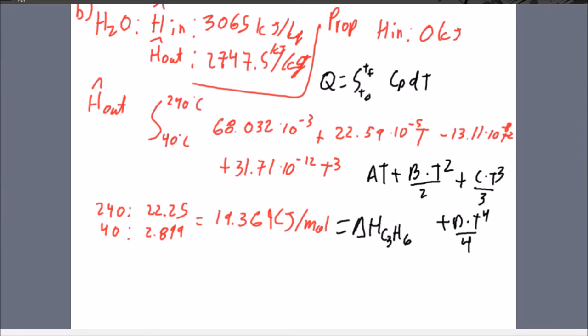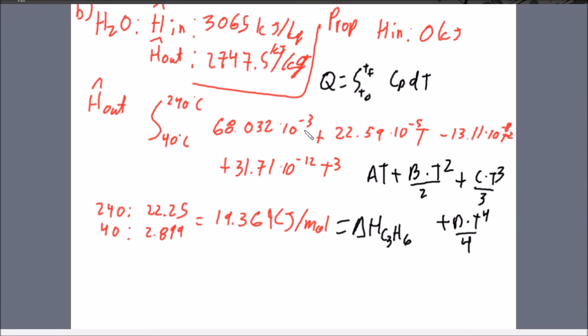After that, in your textbook, you have all those constants A, B, C, D. You simply take them and plug them into the equation. So here, for example, 68.032 times 10 to the negative 3, that is my A constant. Keep in mind, this is before I integrate, while here in the black writing, this is after integration.